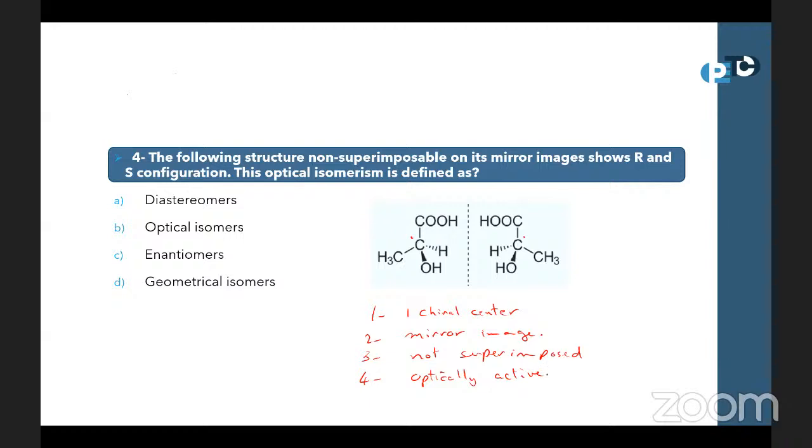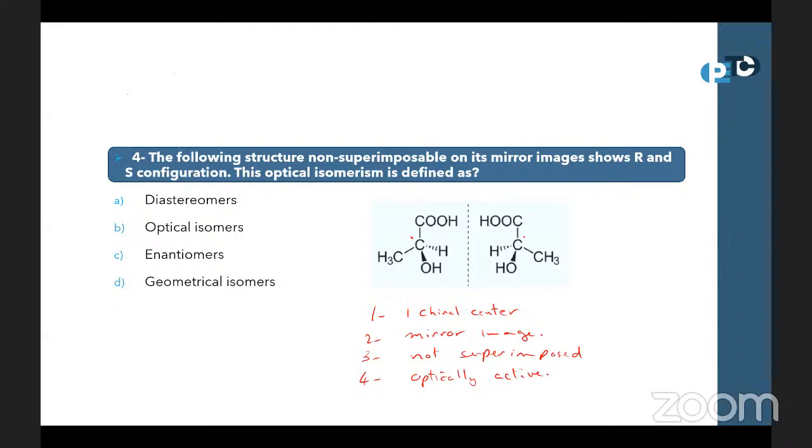There is a rule we can follow to know if a compound is optically active or not. The first thing, it should contain at least one chiral center.